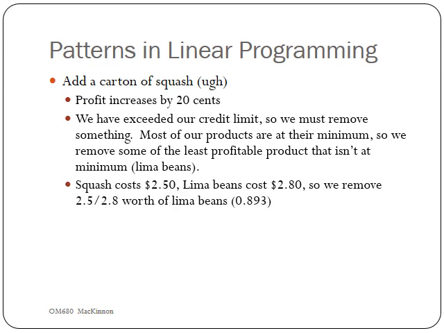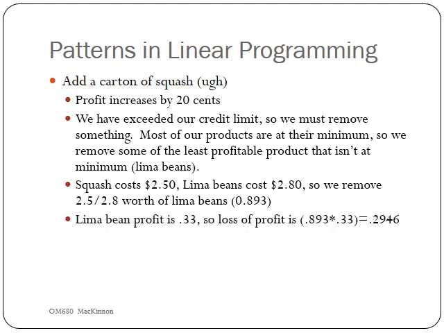Squash costs $2.50. Lima beans cost $2.80. So we remove 2.5 divided by 2.8 worth of lima beans, about 0.893 of a carton. The lima bean profit is 33 cents, so the loss of profit is 0.893 times the 33-cent profit. So we lose 29 cents of profit.